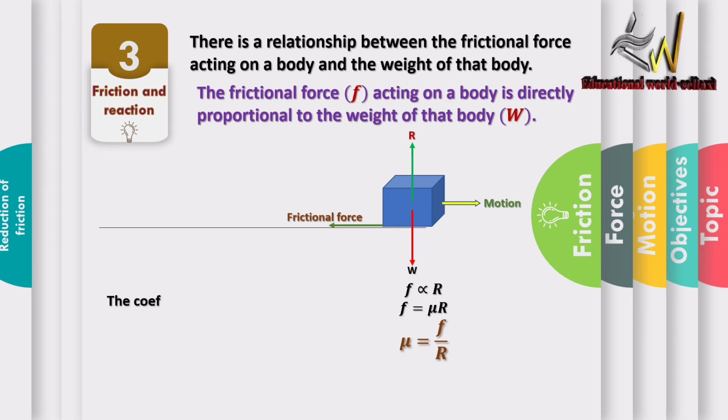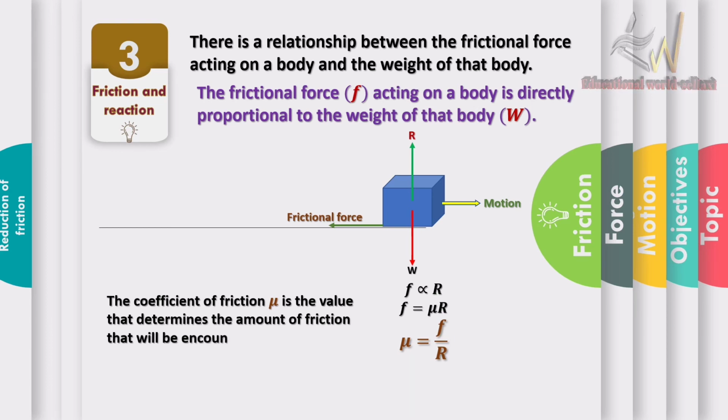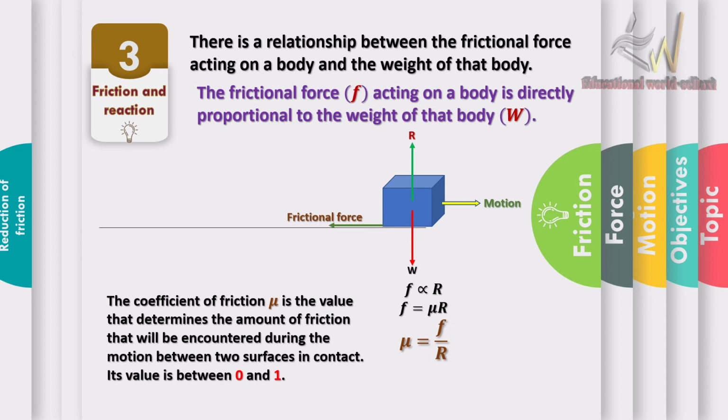So the coefficient of friction is simply the value that determines the amount of frictional force that we will encounter during the motion between two surfaces that are in contact with each other. And the value of the coefficient of friction ranges between 0 and 1. 0 means there is no coefficient of friction, so there is no frictional force. And when it is 1, it means that the frictional force is maximum.